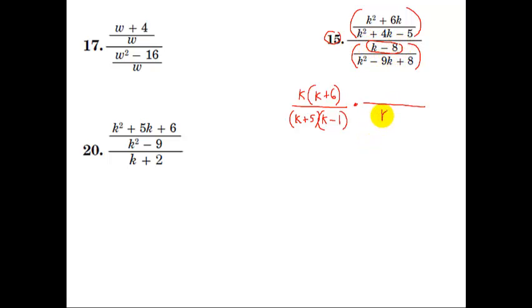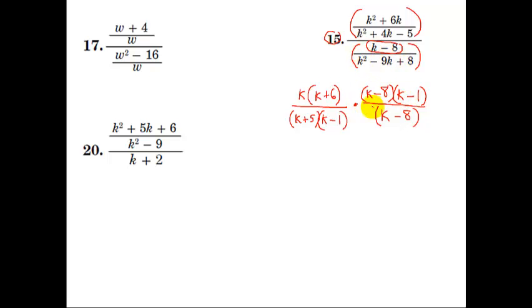So I've got my k minus 8 in the denominator. Okay, now this part right here I can factor, and I reciprocated it. So I've got my k in the front, of course. And now two things that multiply to 8 and add up to negative 9 are going to be negative 8 and negative 1.